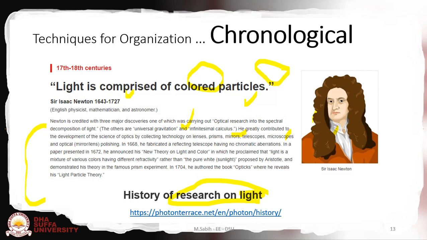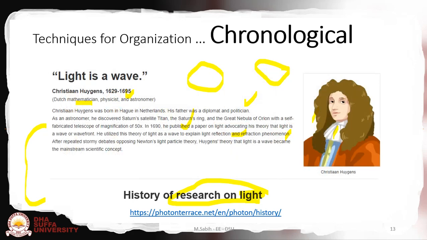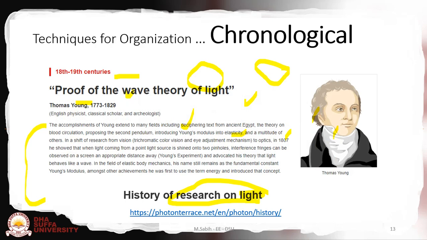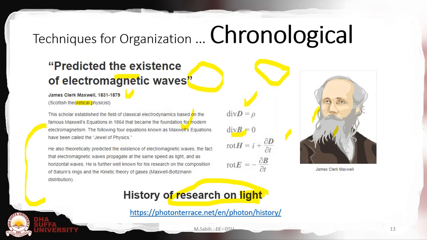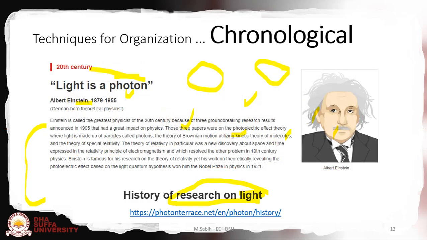And then Newton discovered that light is comprised of colored particles. Light is a wave, in 1695 by Huygens, and then Young proved the wave theory of light. Maxwell predicted the existence of electromagnetic waves, and Einstein said light is a photon.